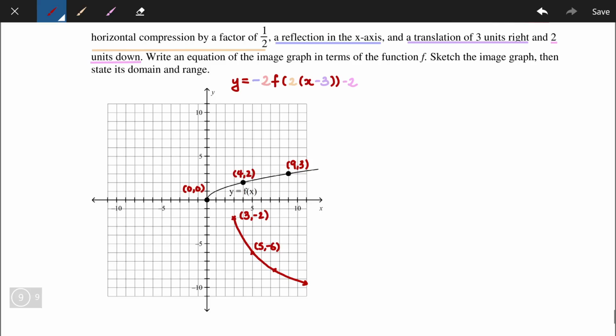Just to talk about the thought process, this could also be written down if we were doing this question in more detail. And then finally the last point here will be 7 and a half, and then negative 8.